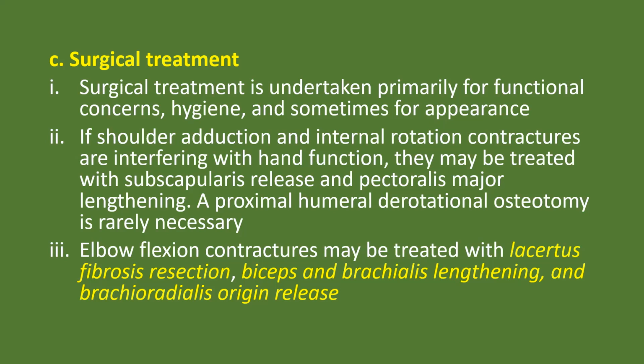You can do a muscle transfer of the pectoralis and subscapularis, or do a derotational osteotomy so as to promote external rotation. So if you have a flexion contracture of the elbow, then you have to divide the lacertus fibrosus, the biceps, the brachialis lengthening, brachioradialis origin release. All these are surgical procedures that you should read from your textbook. You should follow them up case by case.